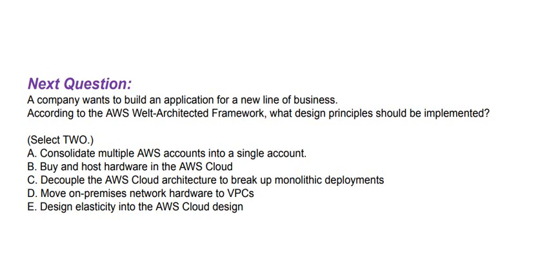Option B: buy and host hardware in the AWS cloud. Option C: decouple the AWS cloud architecture to break up monolithic deployments. Option D: move on-premises network hardware to VPCs. And option E: design elasticity into the AWS cloud design. The correct answer is option A and E.